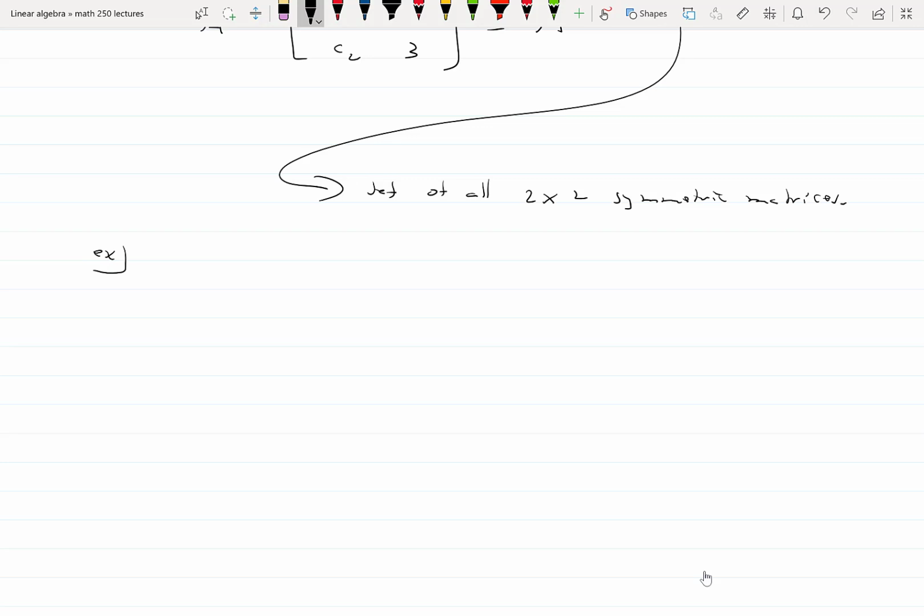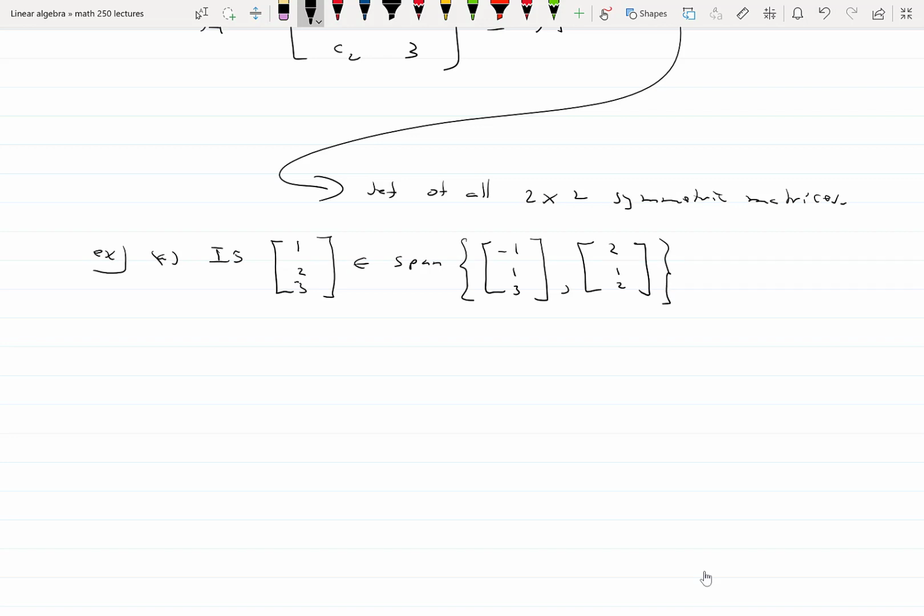Part A: is the column vector 1, 2, 3 in the span of the vectors -1, 1, 3 and 2, 1, 2?